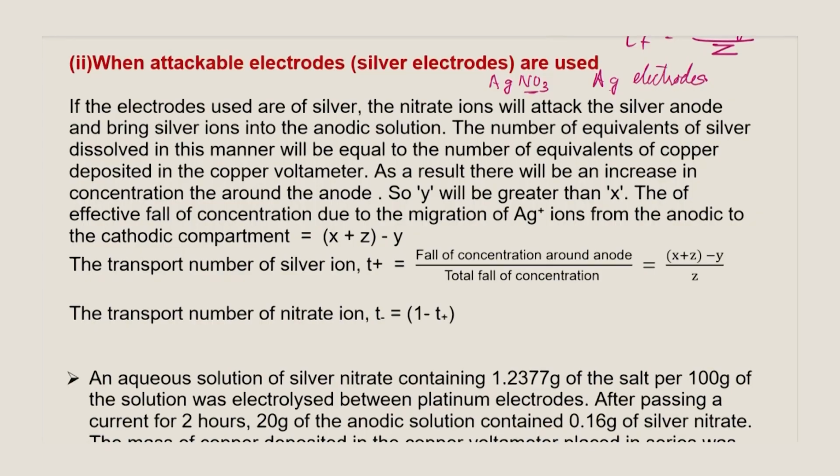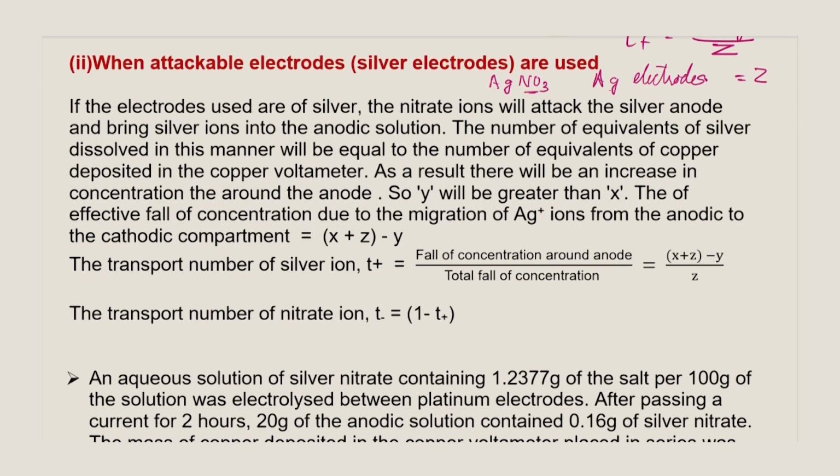The number of silver ions brought into solution will be equal to the number of equivalents of current passed, which is the value we got from the copper coulometer, that is equal to Z. So, Z equivalents of silver get dissolved in this electrolyte.